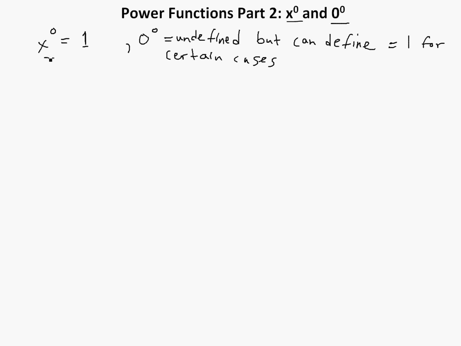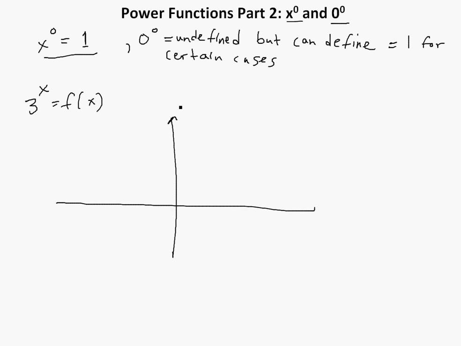Let's look at a graph of, let's say, 3 to the x. Let's say this is f of x. If we graph it out, this is y equals f of x, and this is x. The critical points, let's say, are -1 and 1.